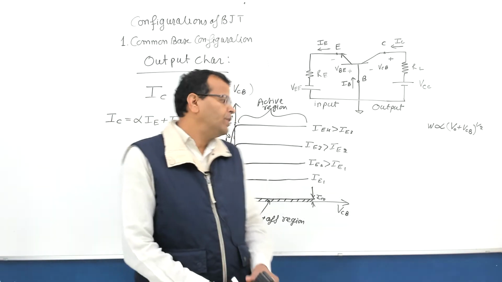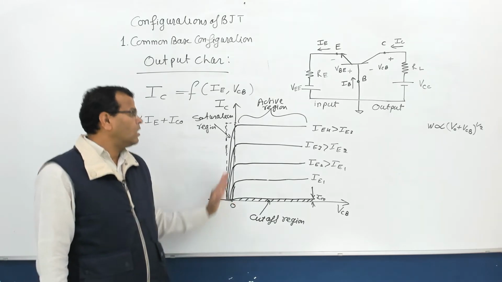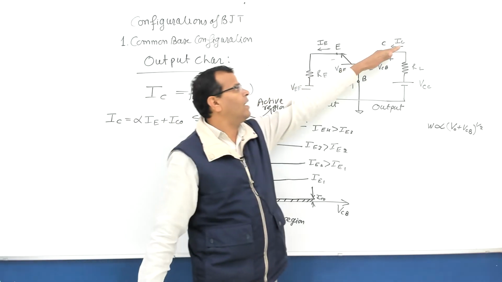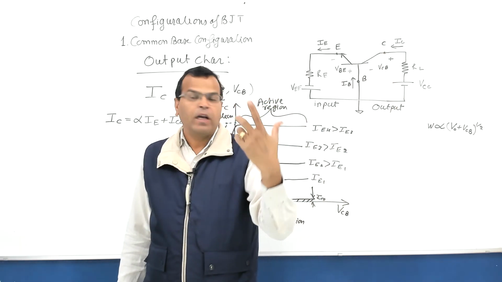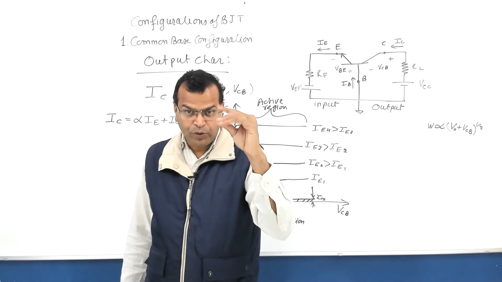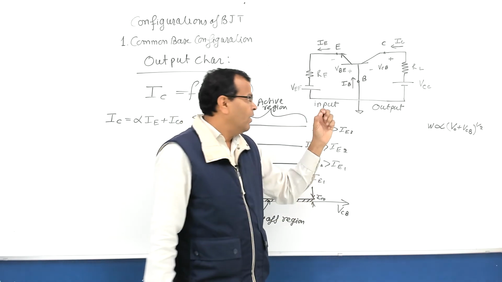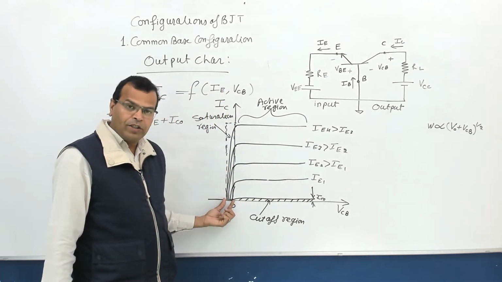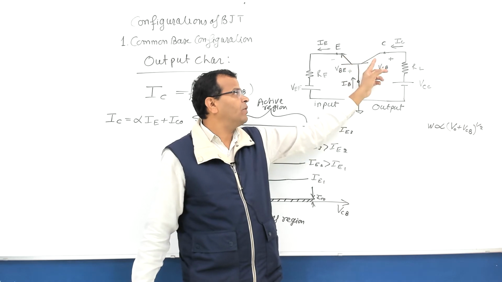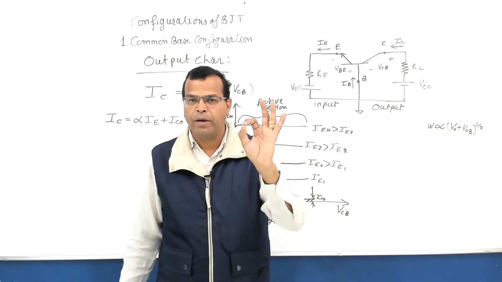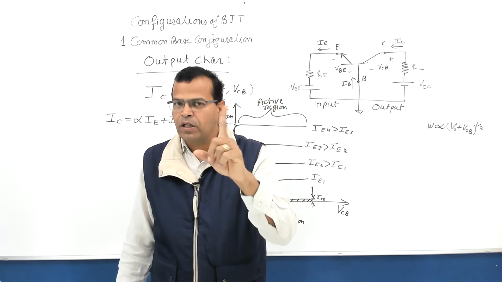In the saturation region, the voltage across the device is very small and current is increasing suddenly. So current is large, but voltage across the junction is small. So it is behaving like a switch, a closed switch. In the saturation region, VCB negative means forward bias junction. So in the saturation region, your emitter junction as well as collector junction, both are forward biased in the saturation region, number one.